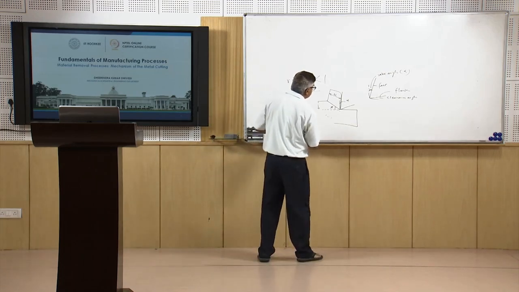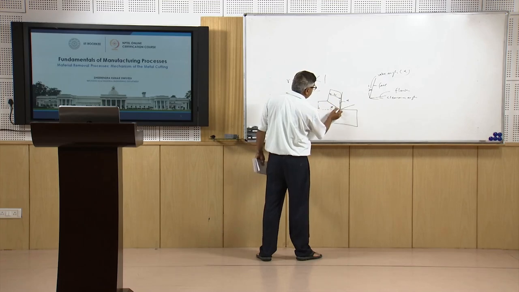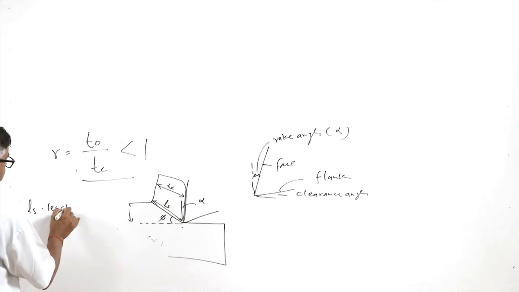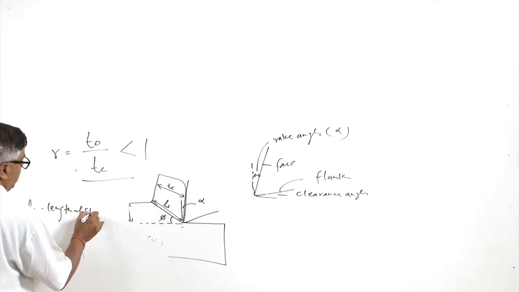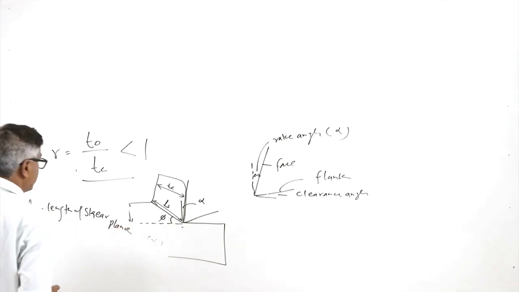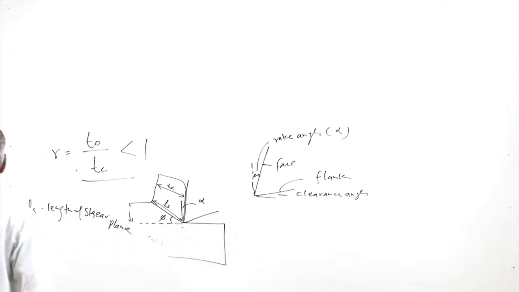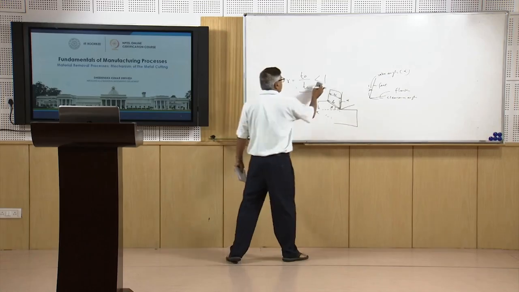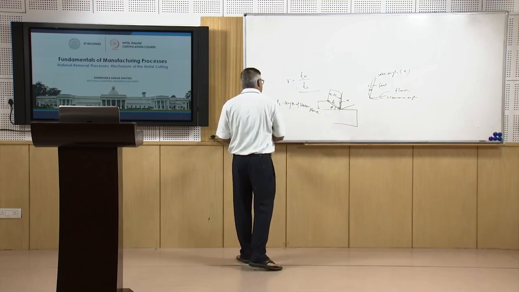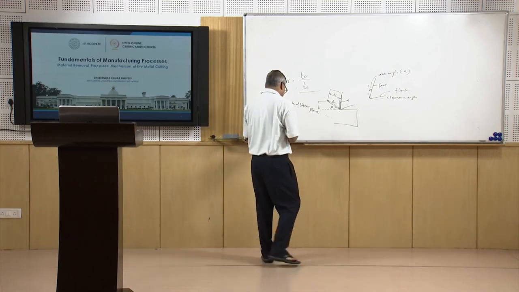Here, if the shearing is taking place along this plane and the length of this plane is, say, Ls, the length of the shear plane along which the shearing is taking place, then T naught and Tc can be expressed in terms of Ls and the angles phi and alpha.